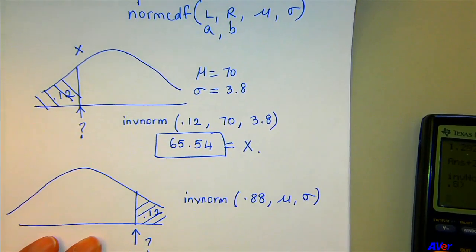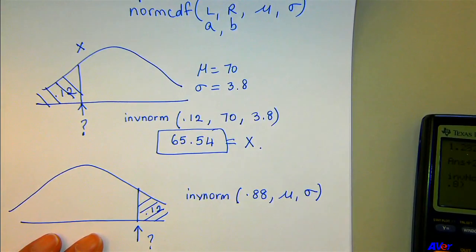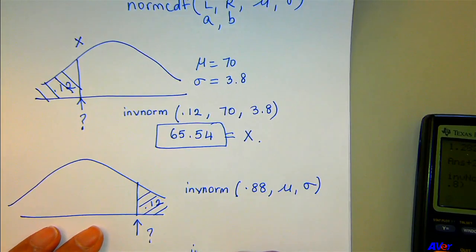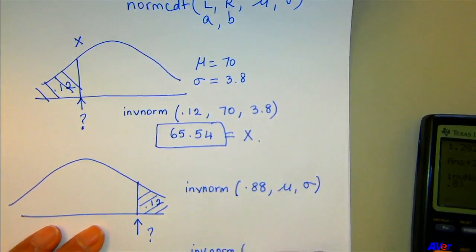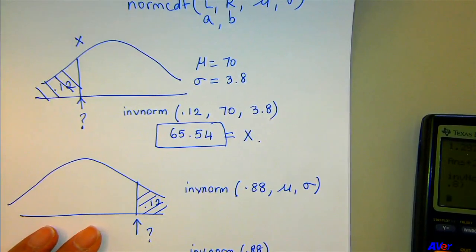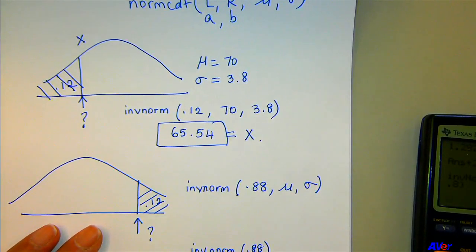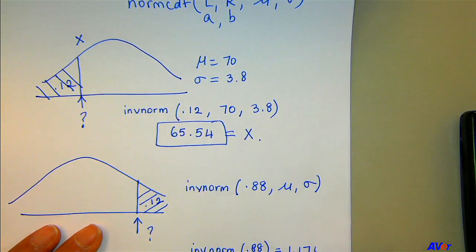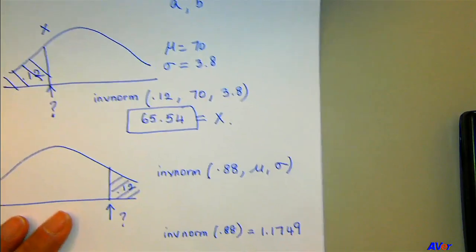Now, what if you don't put in the mu and the sigma? What happens? Go do it on your calculator and see what happens. What if you do inverse norm 0.88 and you don't put in the mu and the sigma? What do you get? 1.17 for what? 49. What do you think this is?